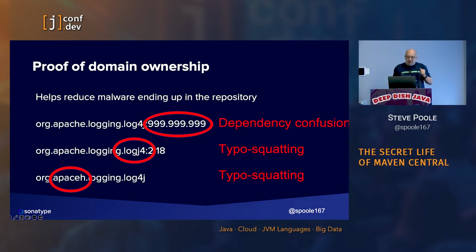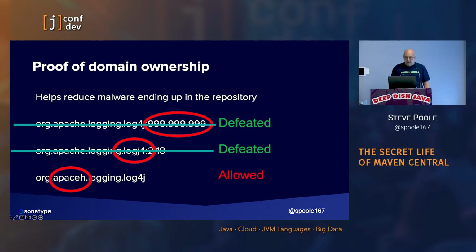Okay, so that's typo squatting. And then there's another version of this right at the bottom where it says org.apache or apache. Those first 2 types of attack are defeated when you have domain ownership proof, because you have to own that org.apache.logging domain to publish.